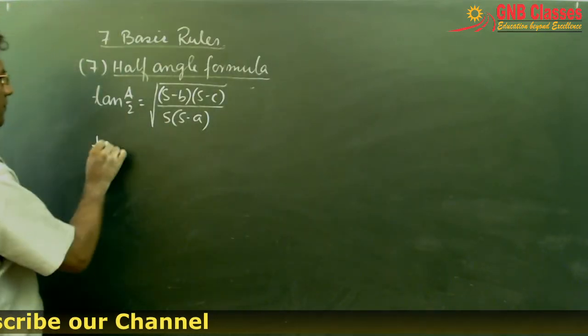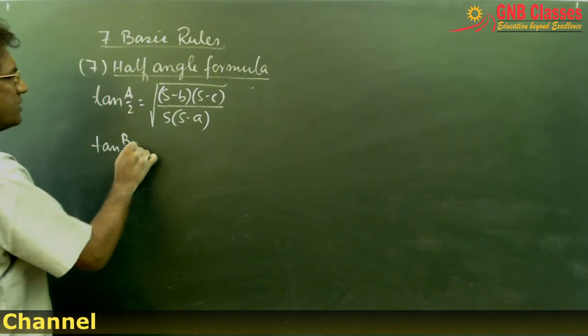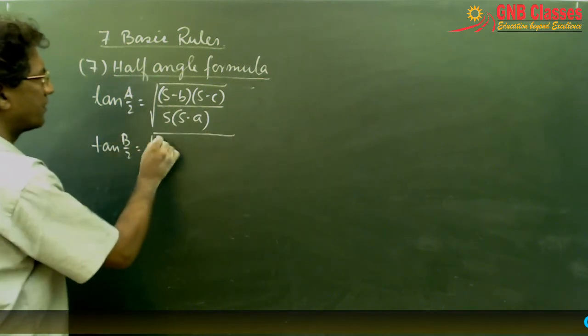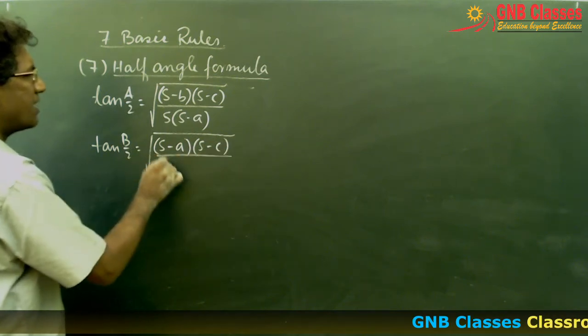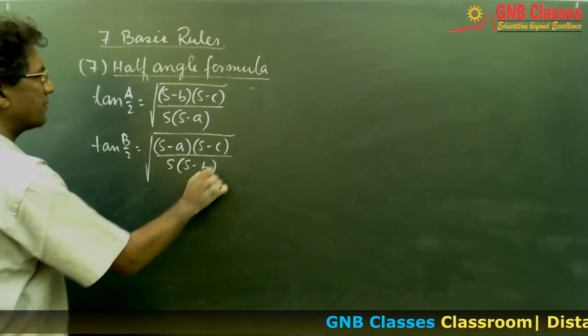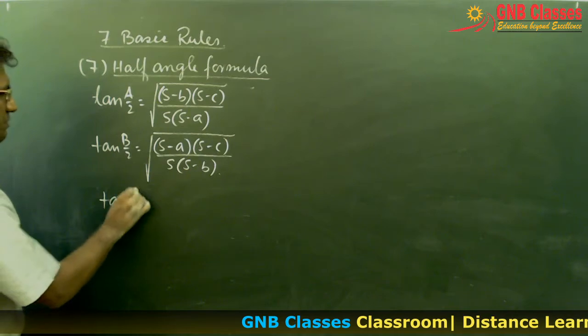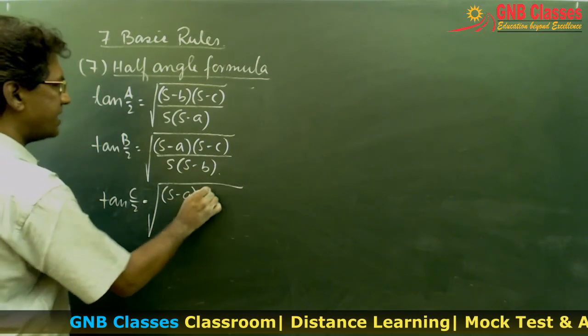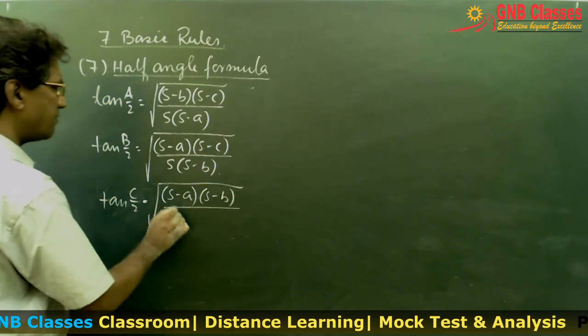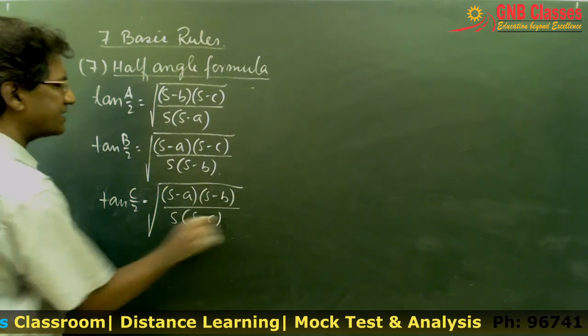Similarly, tan B by 2 can be written as under root S minus A into S minus C divided by S into S minus B. And tan C by 2 can be written as under root S minus A into S minus B divided by S into S minus C. Am I correct?